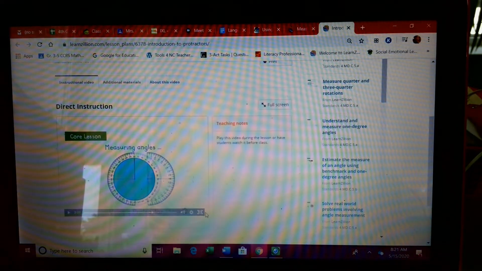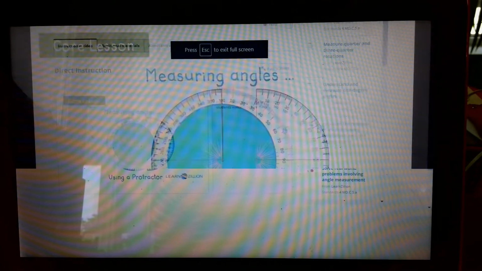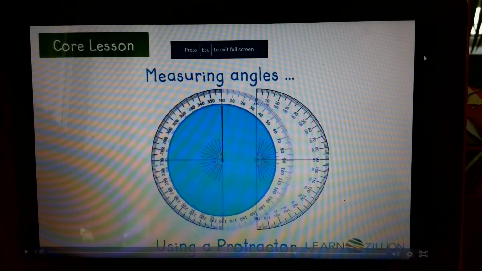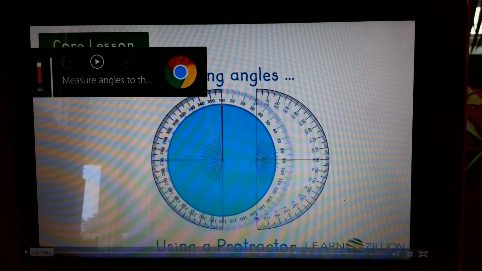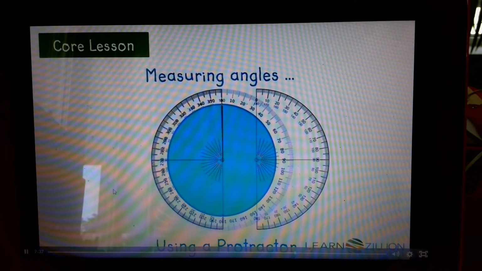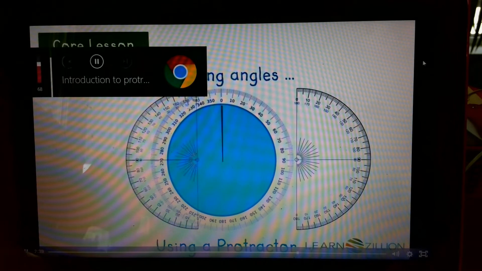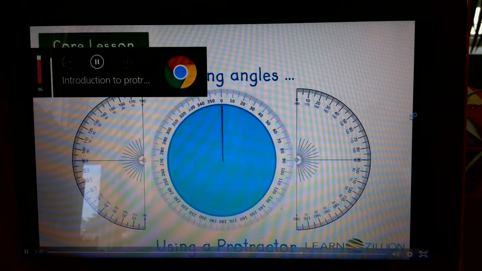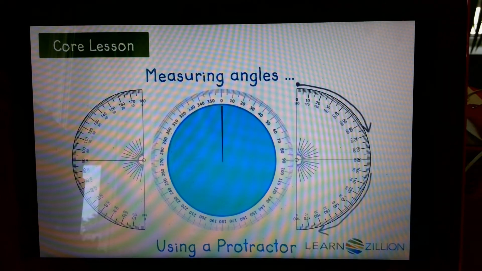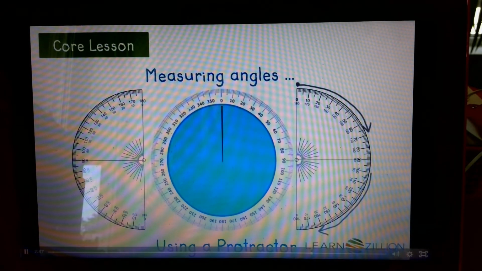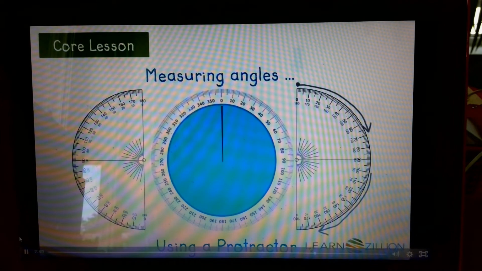Okay, so looking at this, one of these LearnZillion videos that you should have already watched is just going to kind of explain what a protractor is. Here we can see two of those 180-degree protractors that had formed a circle. Like the full protractor, they also have a starting point, a 0. Here we can see that for the protractor on the right.